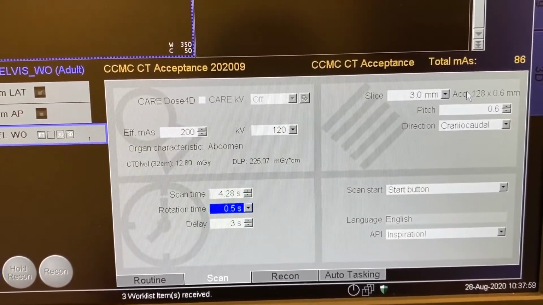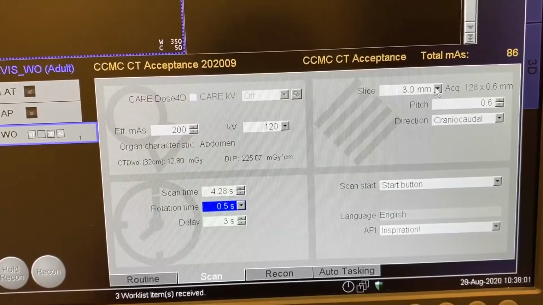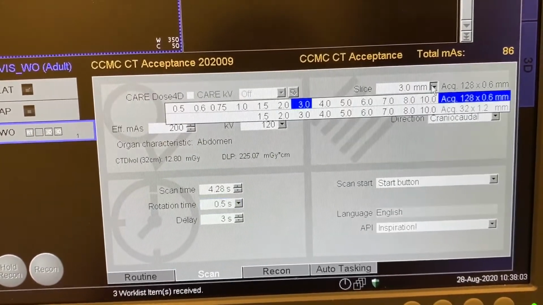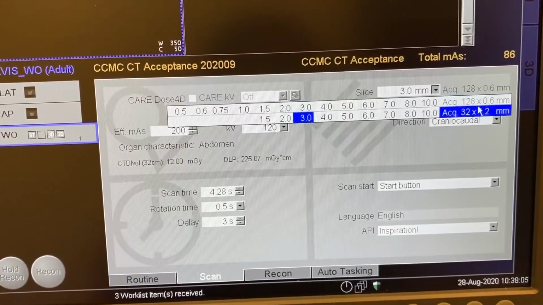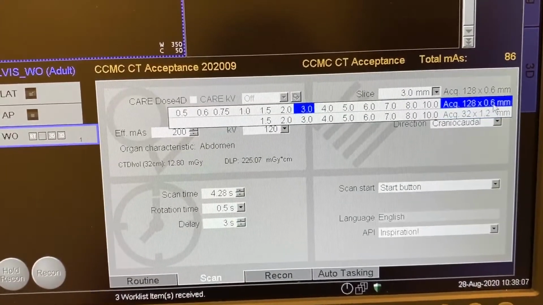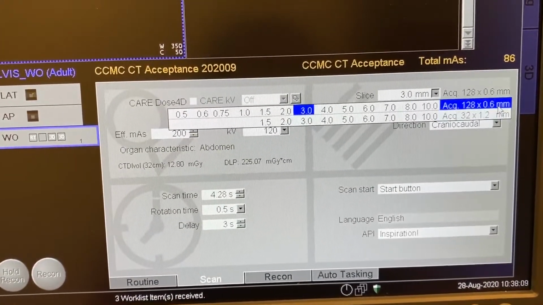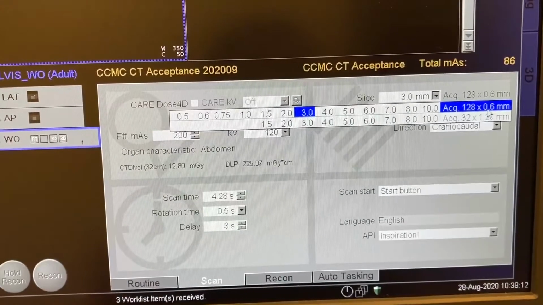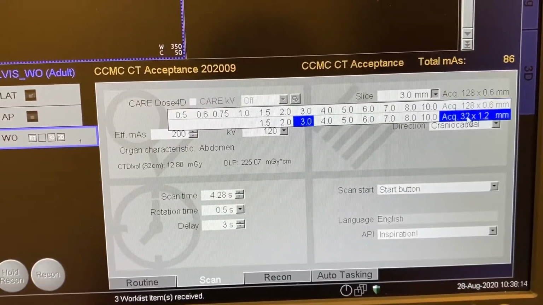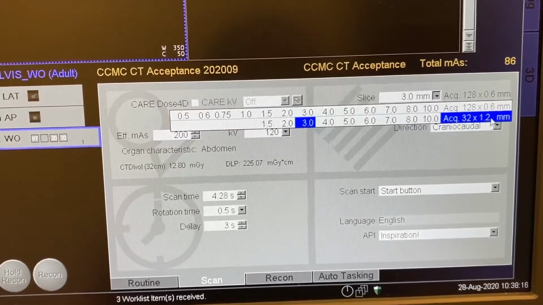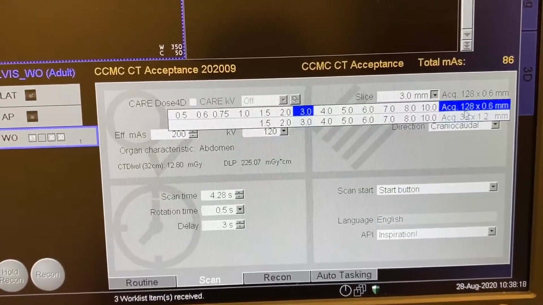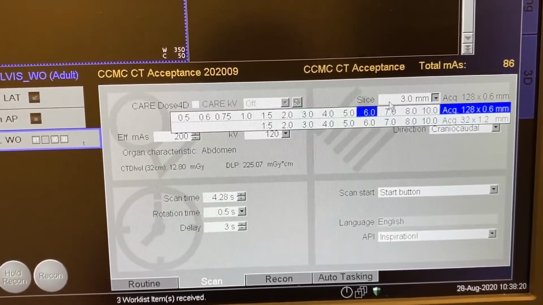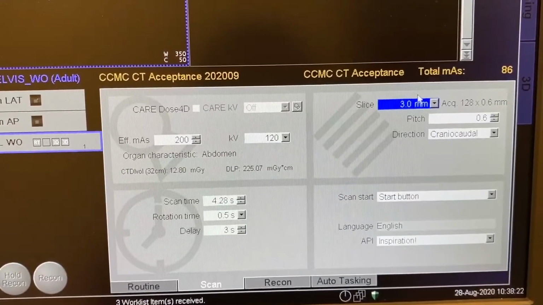The other parameter you can adjust here is the detector combinations. For this detector, I can choose either 128 times 0.6 or 32 channels times 1.2. For each of them, I can choose different reconstruction slice thickness.